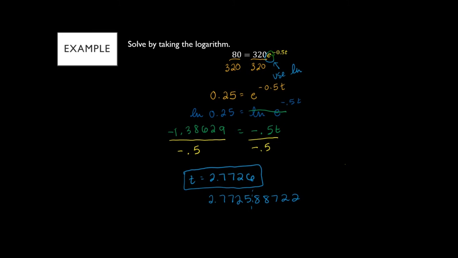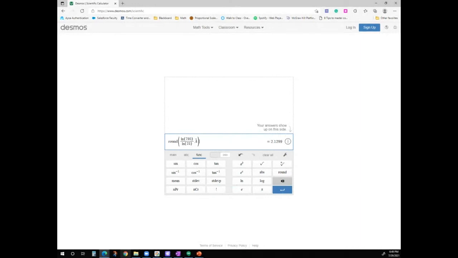If you're struggling with your calculator, you may want to use the Desmos one, just because you can at least see what you're typing in. Improper parentheses can really mess things up. I'm guessing what might be happening is you have your natural log of 0.25, which gives you this number. If you hit divide at this time and then do the negative 0.5, that's where you get an error because you've got a negative inside your natural log.